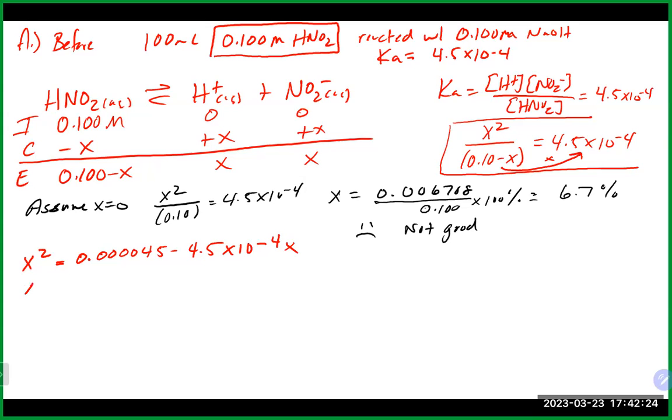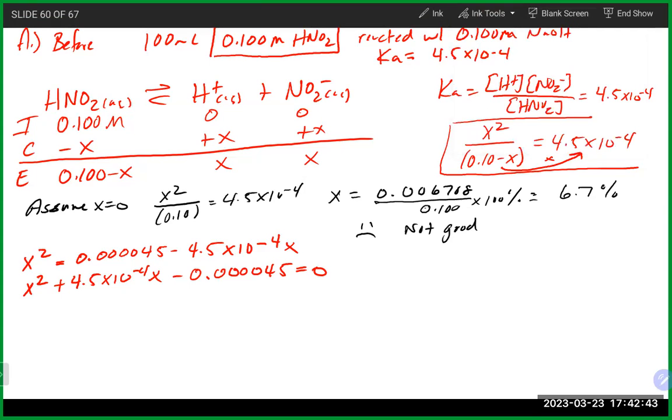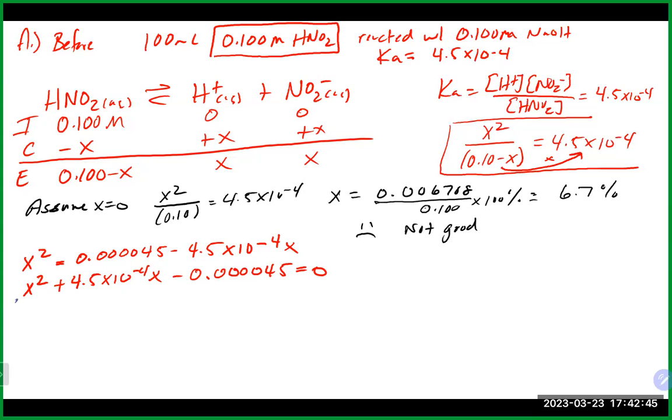That's going to give us x squared plus 4.5 times 10 to the minus 4 x minus 0.00045 is equal to 0. That obviously would be our A, B, and C in our quadratic, right? So that's our A, our B, and our C.